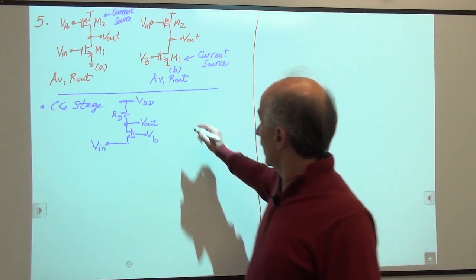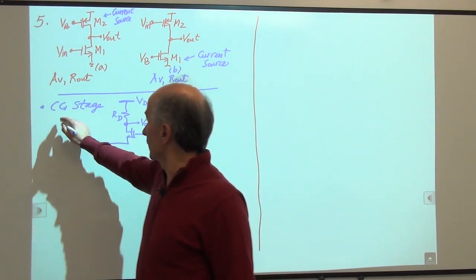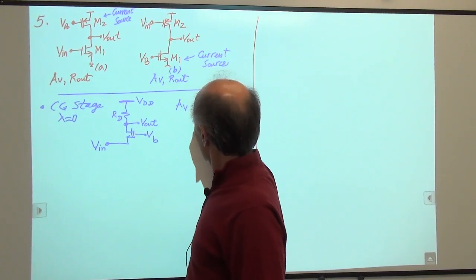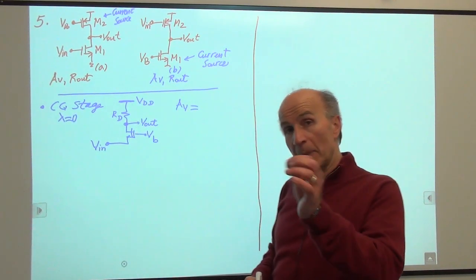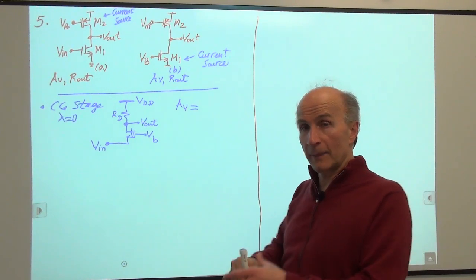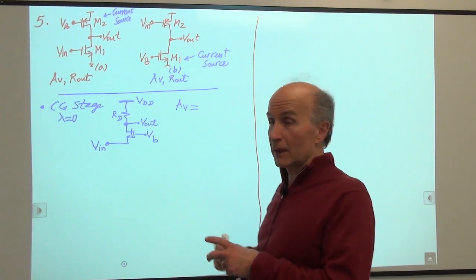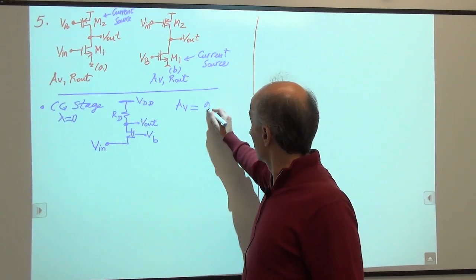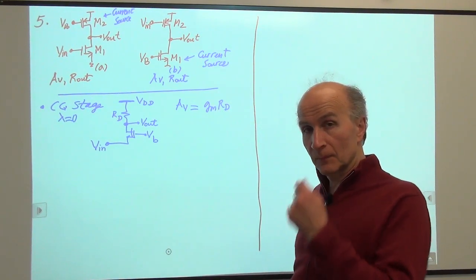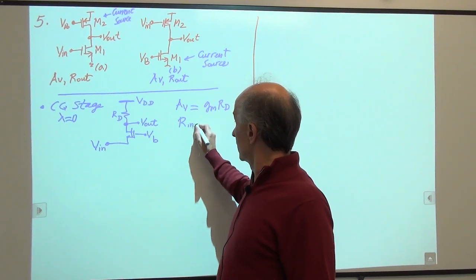Okay, so how about the voltage gain? And again, we assume that lambda is 0. For the voltage gain, we go back to the common base stage. We saw that the voltage gain was gm times this resistance with a positive sign. So the same thing here: it's gm times this resistance. The input resistance is low.